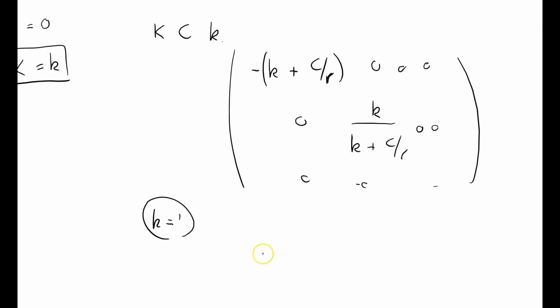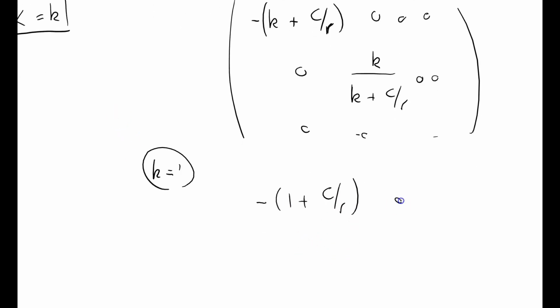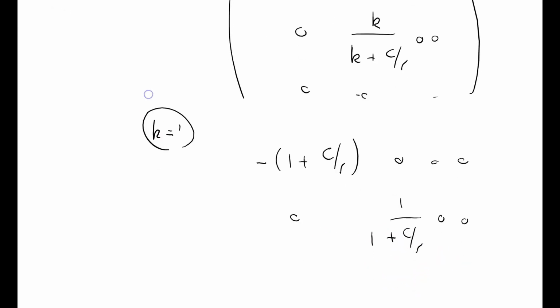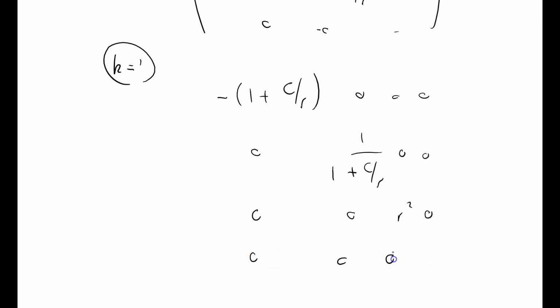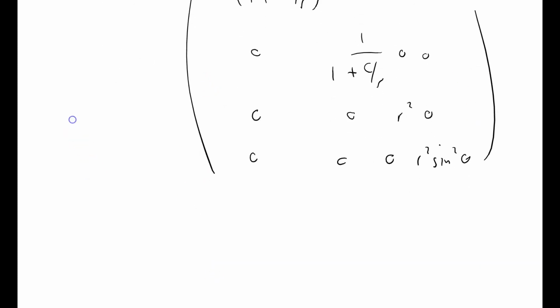Right, what have I got left now? I've got minus 1 plus C over r, 0, 0, 0, 0, 1 over 1 plus C over r, 0, 0, 0, 0, and I think that's r squared, and here's the azimuthal component, r squared sine squared theta. There it is. So again, we're gradually putting the cuffs on it.